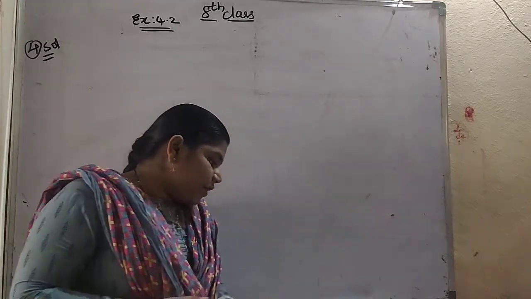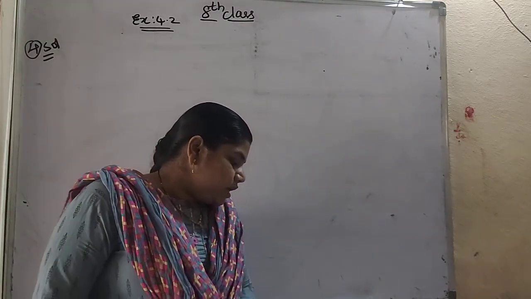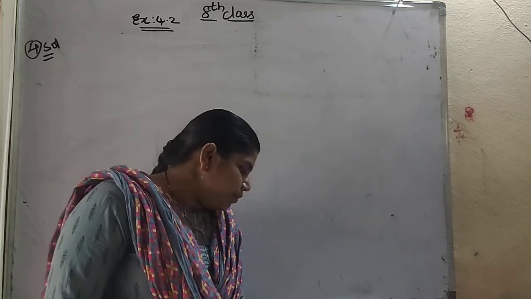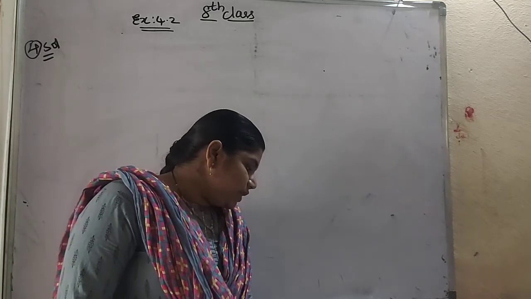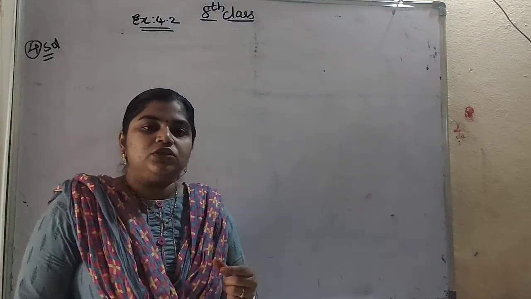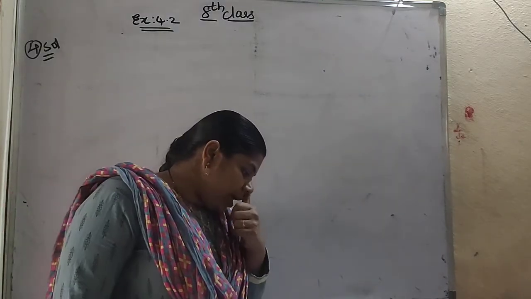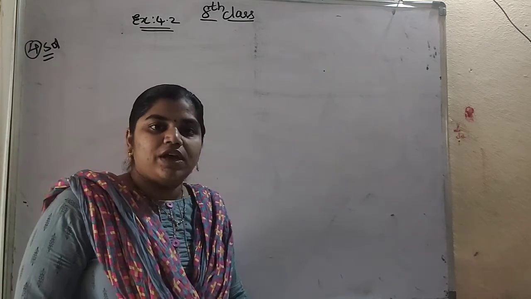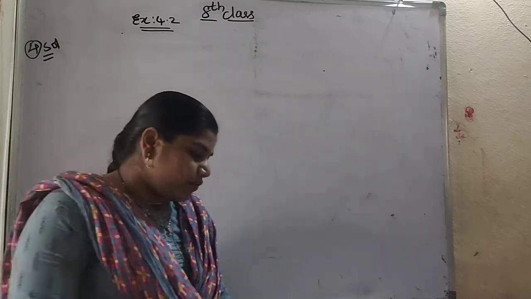In a pack there are 5 books. Each of thickness is 20 mm. So there are 5 books. Each book thickness is 20 mm. And 5 paper sheets, each of thickness 0.016. In that book 5 papers are there. And the thickness of that paper is 0.016 millimeters. So what is the total thickness of a stack we have to find?